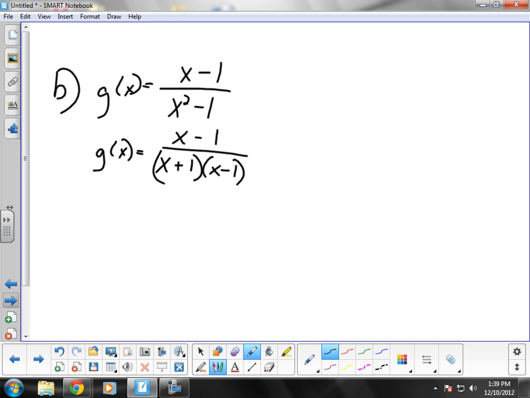So, remember the removable discontinuities were the ones where things canceled out in the original equation. So I can draw my graph from this equivalent equation as long as I remember to put my hole here when x is equal to 1.